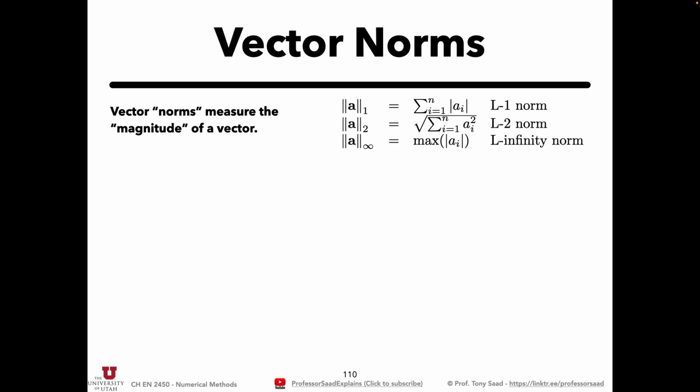These norms are called L norms, for some reason, in some vector spaces. So the L1 norm is just simply the summation of all the entries in the vector. The L2 is the Pythagorean standard norm, and the L infinity is the worst case scenario. And you can get those very simply with Python. You don't have to compute them one by one. You just call numpy.linalg.norm.